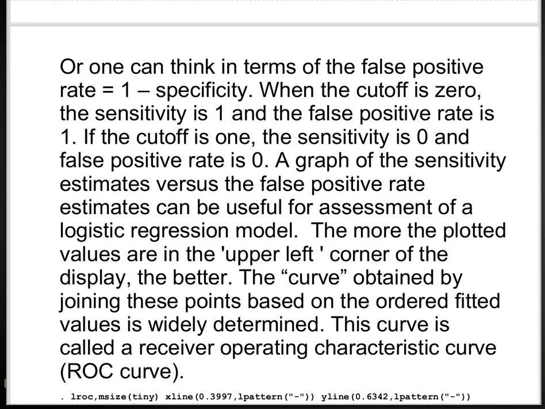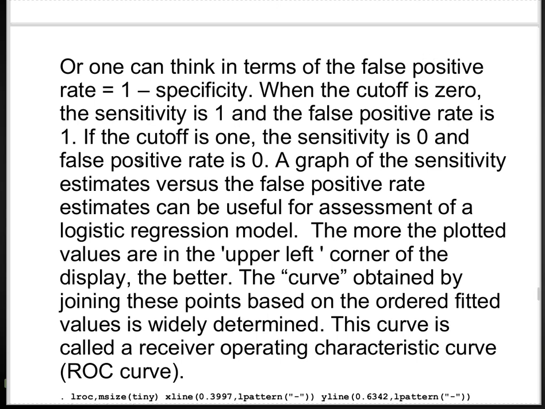Now, you'll recall that the false positive rate is in fact just 1 minus the specificity. So if we think about the false positive rate for a moment, we can see that if the cutoff is 0, then the sensitivity is 1 and the false positive rate is 1.